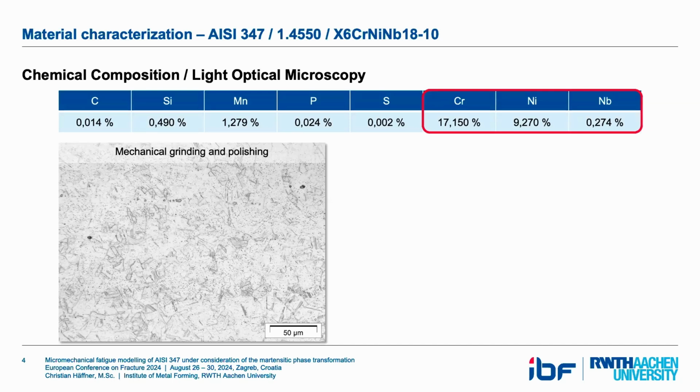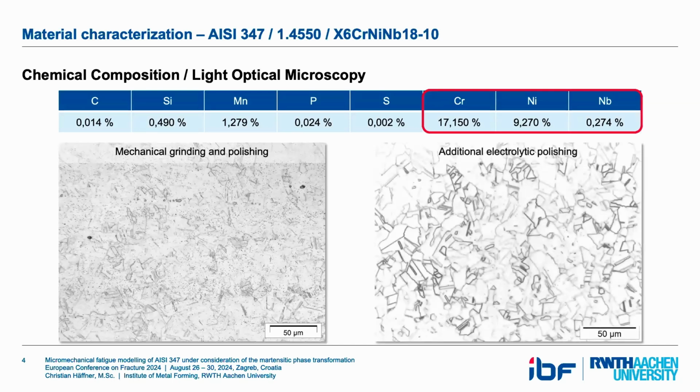So it's an austenitic stainless steel, but we still have martensite in there. But if we now electropolish the sample, we get rid of the martensite, which is an indicator that this martensite transforms just because of the mechanical grinding and polishing. So even if you're not familiar with the material, you get a sense of how sensitive this material is to this phase transformation.